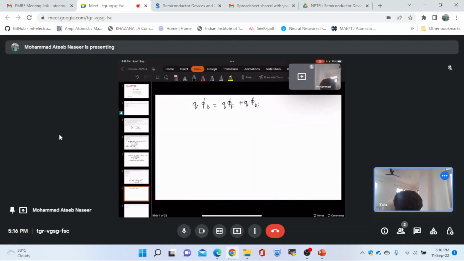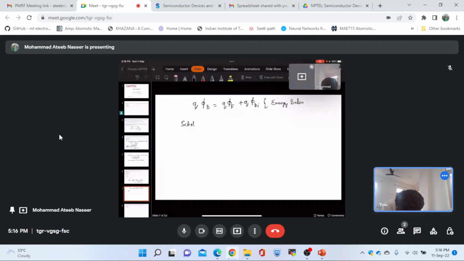Now we have also been told to find the Schottky barrier height. This is from energy balance. We can use energy balance or potential balance, however we like.